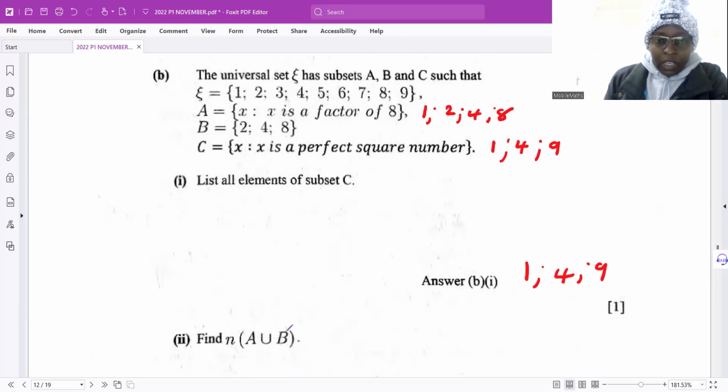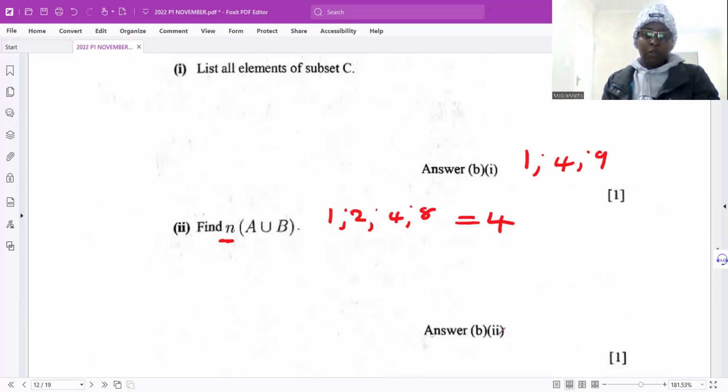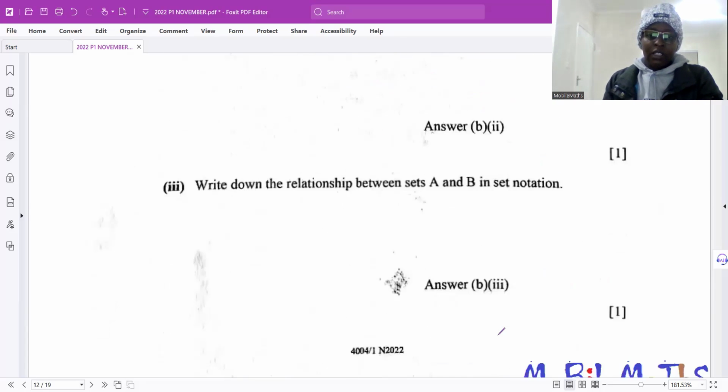Then the number of A union B. A union B, we have 1, 2, 4, and 8. So it means our n is equal to 4 terms, okay? Let's move on. Write down the relationship between sets A and B in set notation.